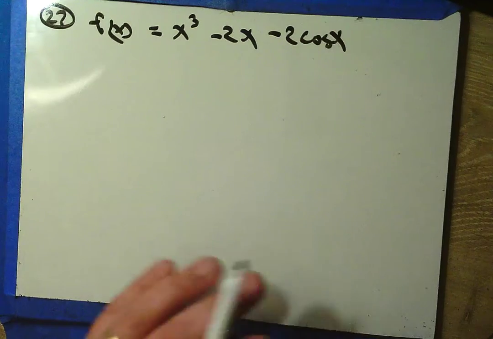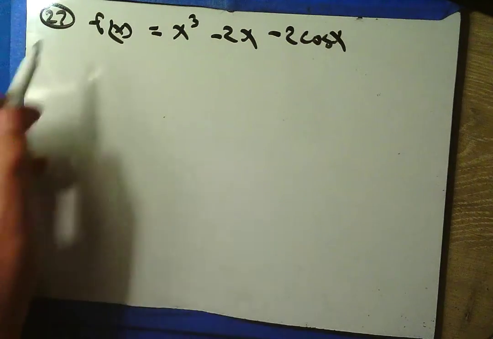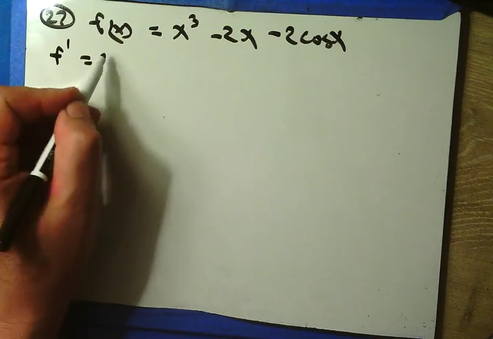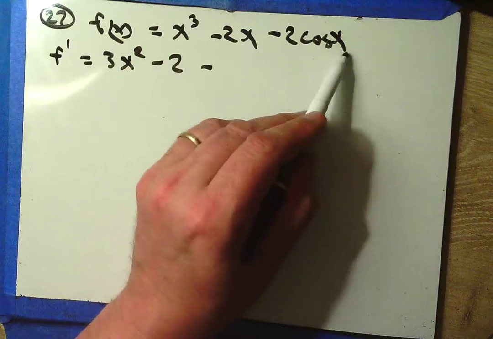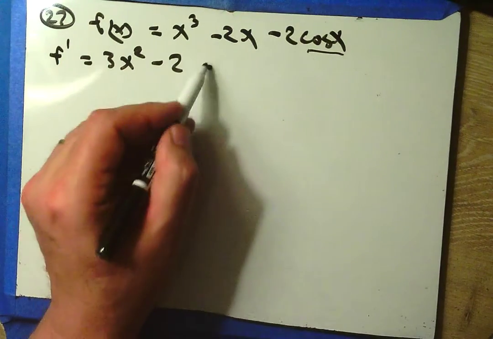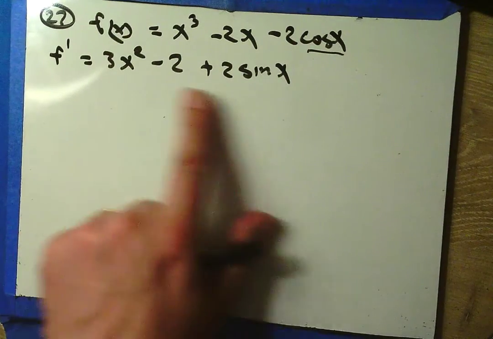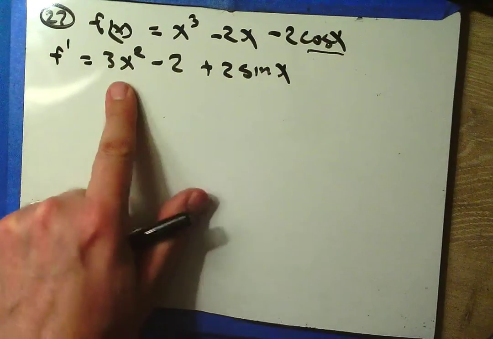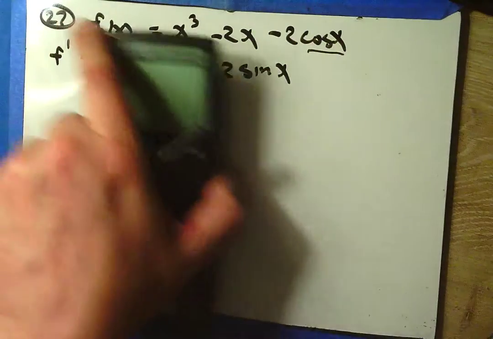Okay, so again, I have to find f prime. And when I look for f prime, that's going to be 3x squared minus 2. And the derivative of cosine is minus sine times negative 2 is plus 2 sine x. Well, I have no clue how to set this equal to 0. So I know this is a calculator question.